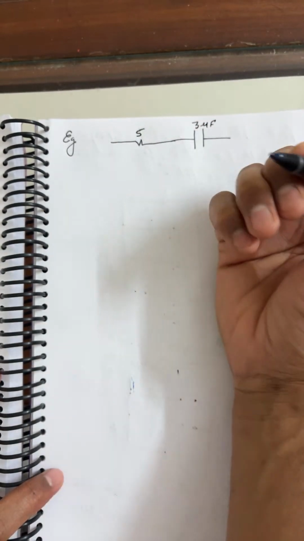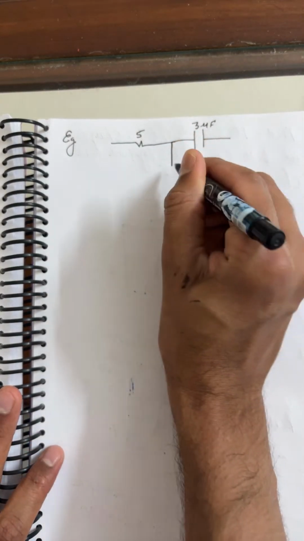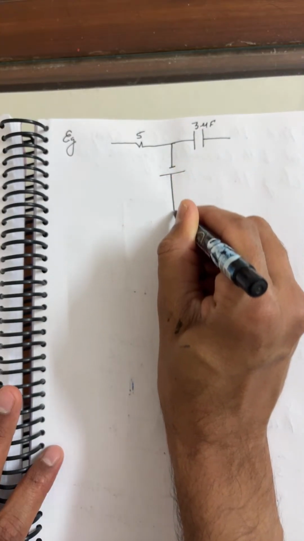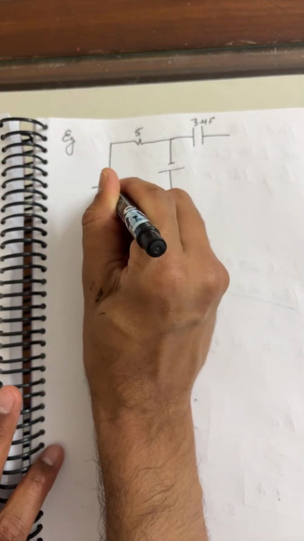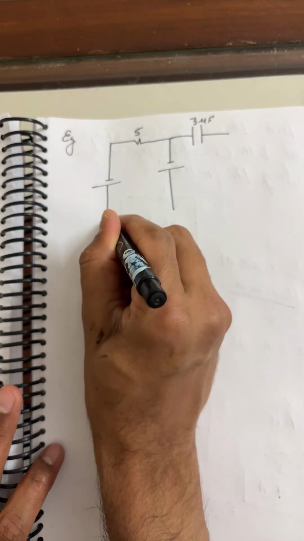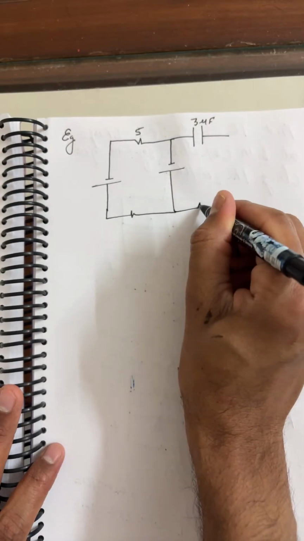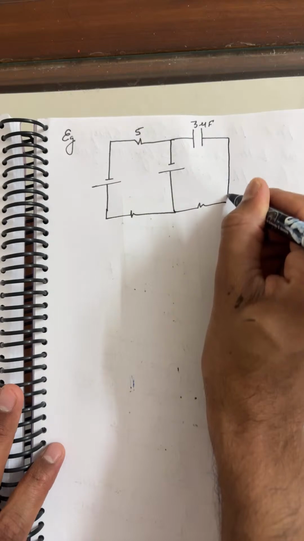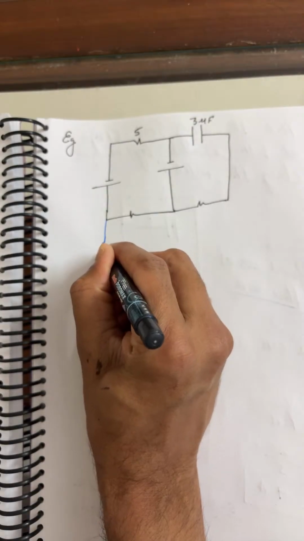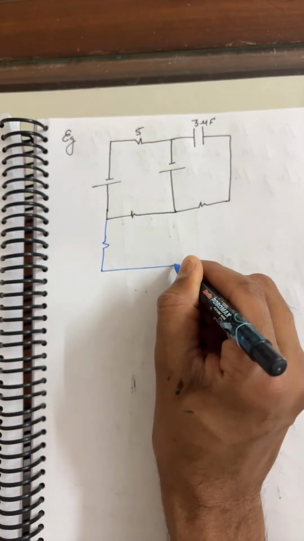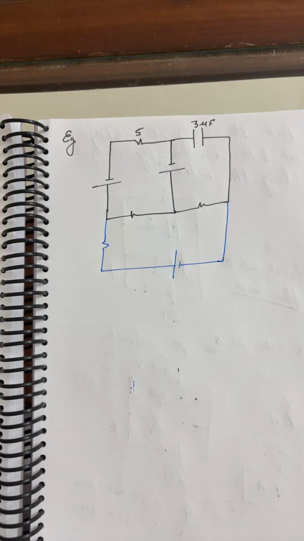This is 5 ohm. Just give me some time to think about the circuit. Yes beta, this is the circuit here.